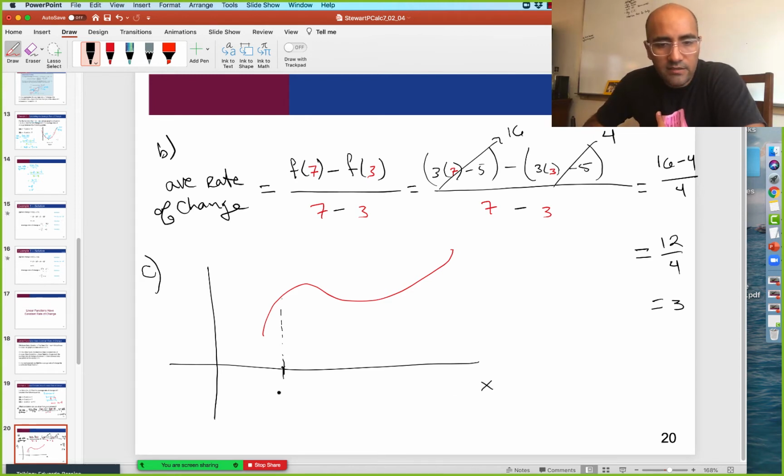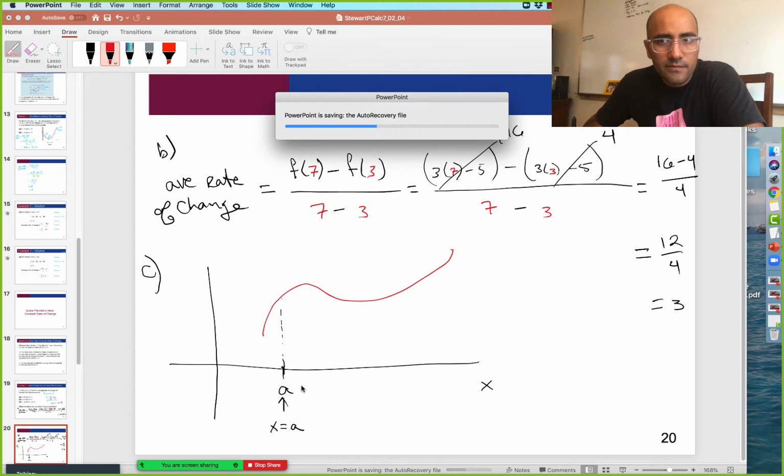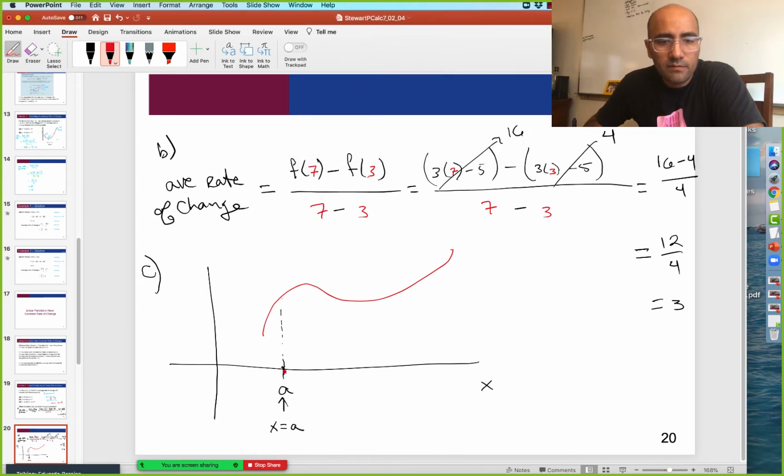So we have x as some point a. This is x equals a. And then if we let h be some distance, some positive value, then we can describe it as some distance to the right of a.